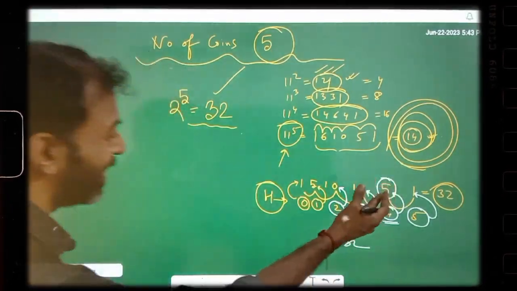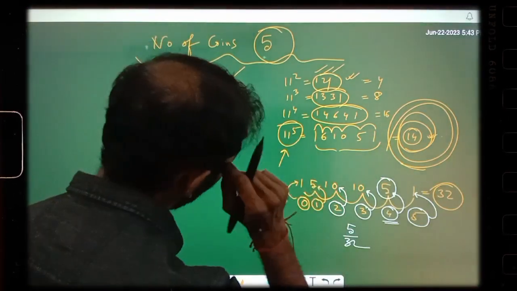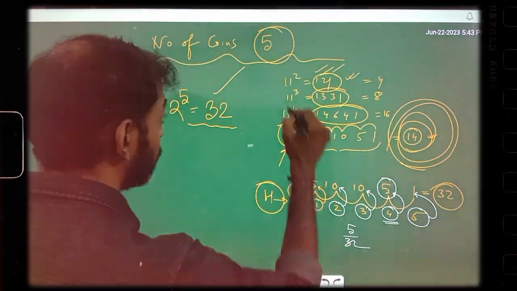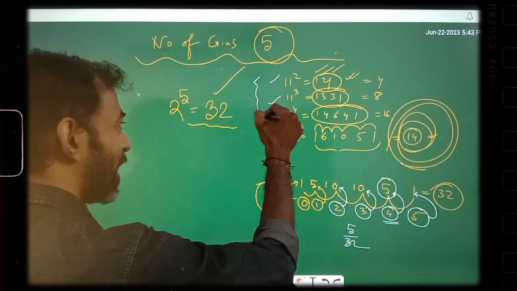This is the fun of this problem, it is right here. Remember 1 5 10 10 5 1. You need to remember just this thing. You need to remember 11 square also, 11 cube also, 11 power 4 also, but that's for the traditional question.